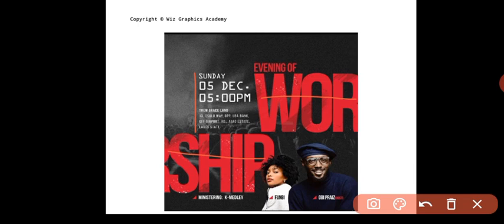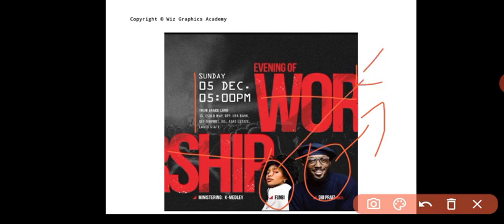Although this is not part of the teaching, if you observe these two images, you will observe that they scaled this one up and they scaled this one down. They scaled it down and they scaled the one at the front up.